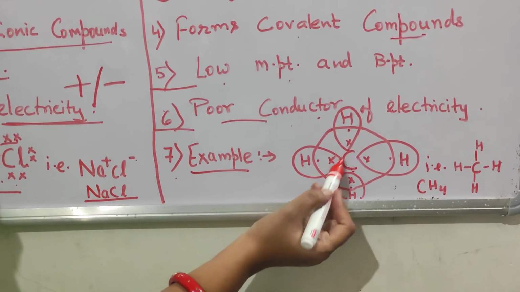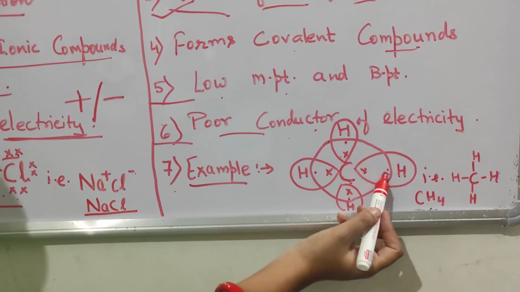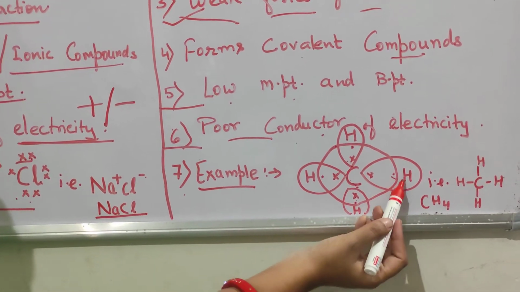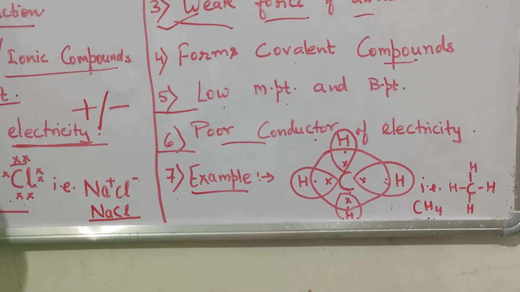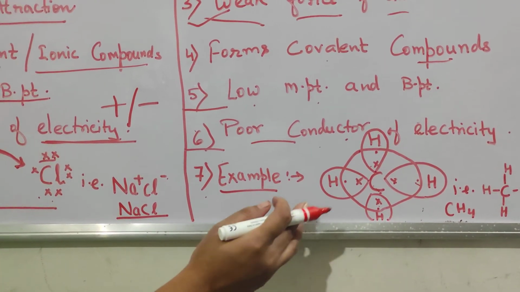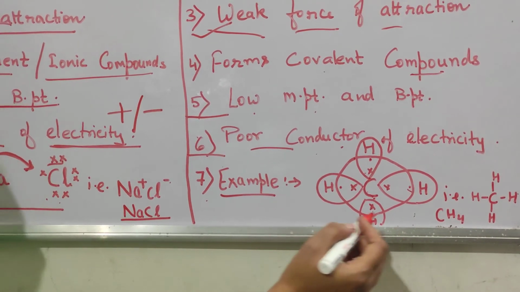Carbon has 4 valence electron, hydrogen has 1, and each one is getting combined with each electron of the carbon, and thus we need 1, 2, 3, 4. Now how it is going on? For this you must go to the playlist and watch the previous video which is uploaded there.